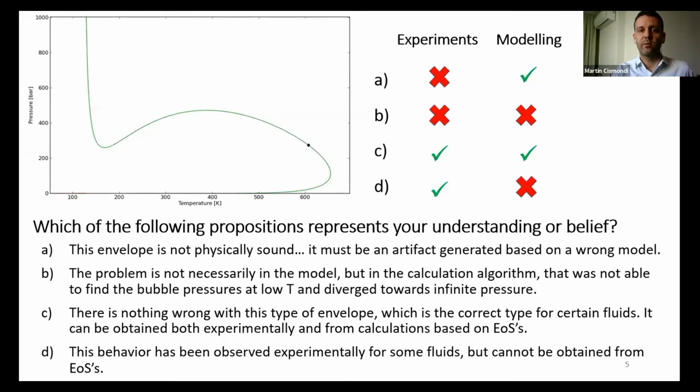But still we have some people choosing options A, B, and especially D. So I think this is representative of some situations when I encounter people being surprised by this envelope, thinking that there was something wrong, you shouldn't get this, when actually there's nothing wrong.